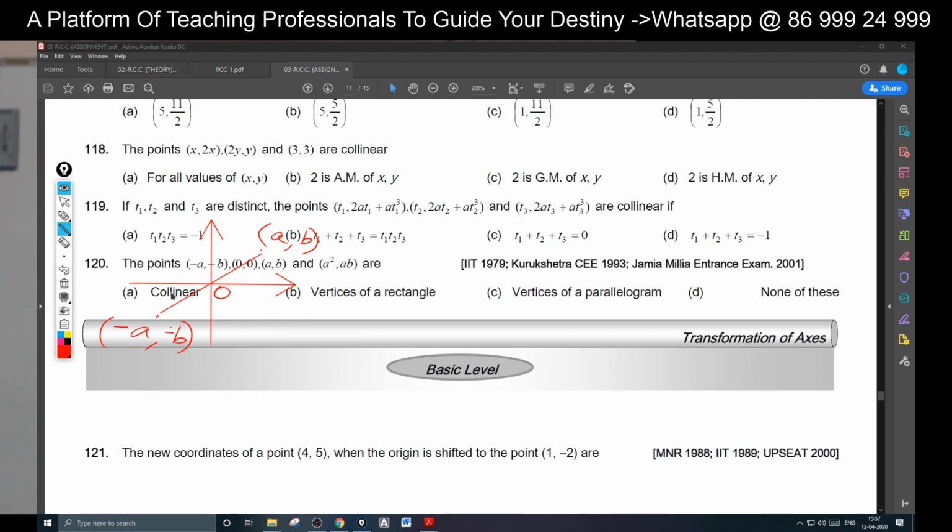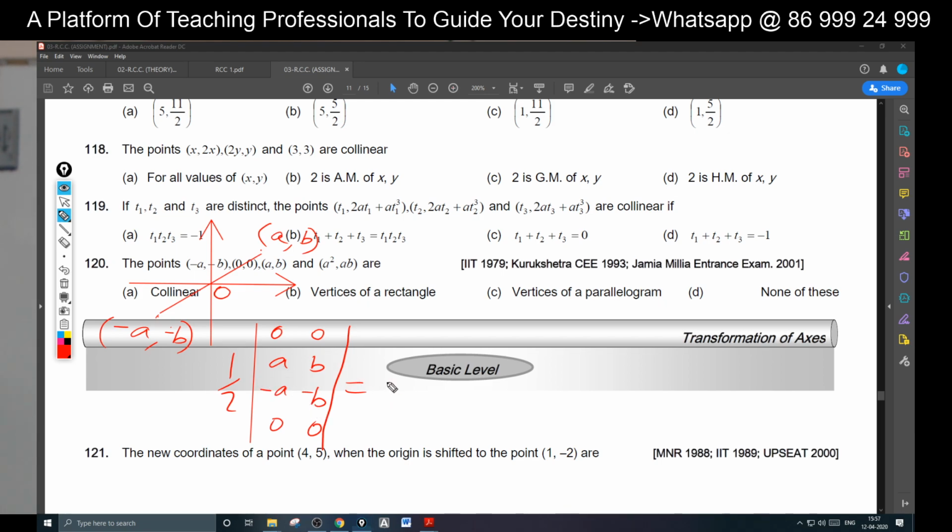Now, if you want to know further whether the area formed by them is 0 or not, this is simple. (0, 0), (a, b), (−a, −b), (0, 0). Of course, half will be there.